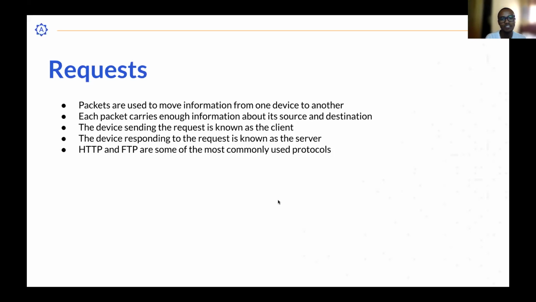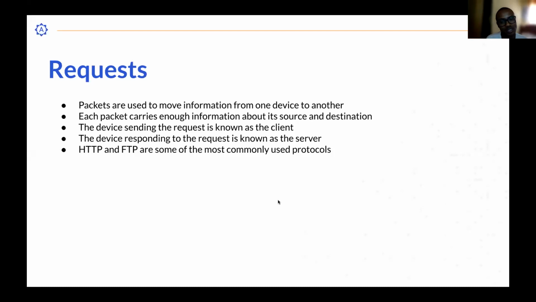Each packet carries enough information about its source and destination. According to the specification, each packet should carry enough information for it to be identifiable. In other words, ideally we want packets to be as independent as possible, so that they can be picked up and transported without the need to know what came before or what came afterwards.